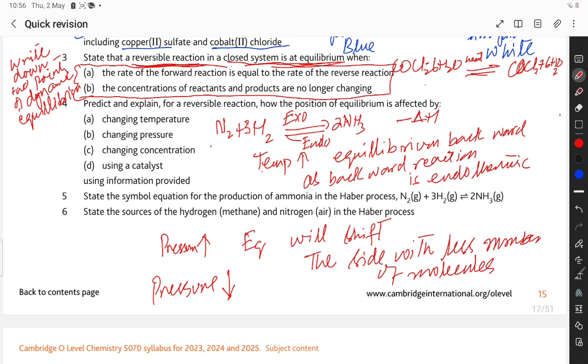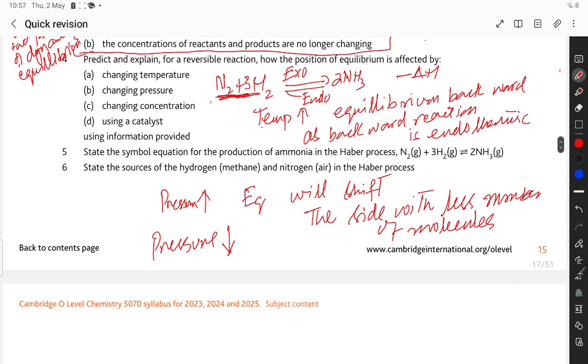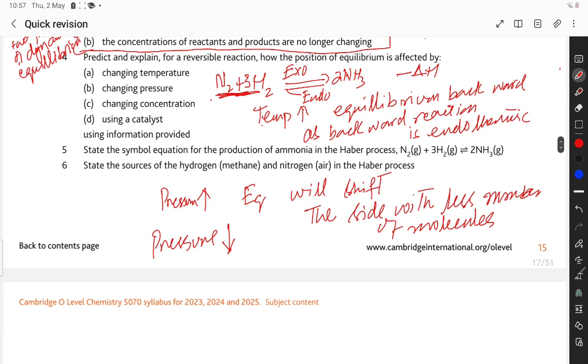So if products are increased, the equilibrium will shift backward, and if reactants are increased, it will shift forward. But if ammonia is decreased, the reaction will shift forward, and if reactants are decreased, the reaction will shift backward. So please keep these points in mind.